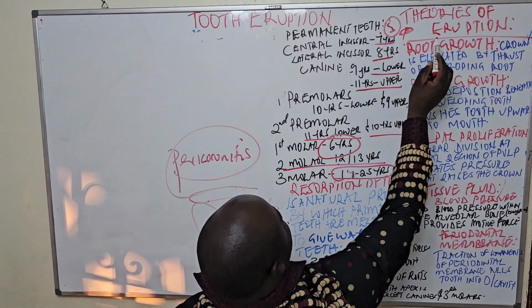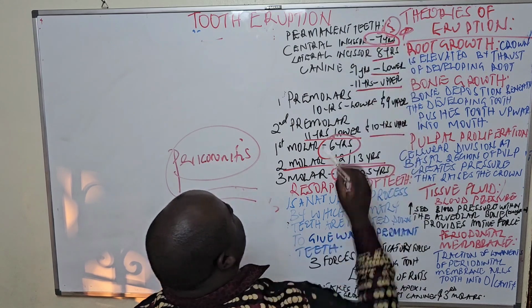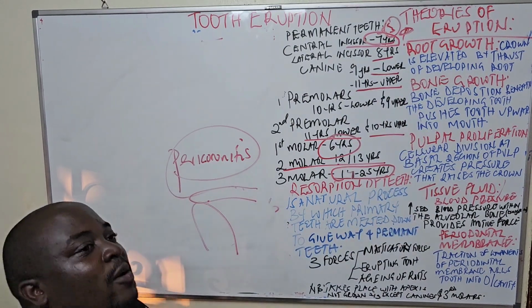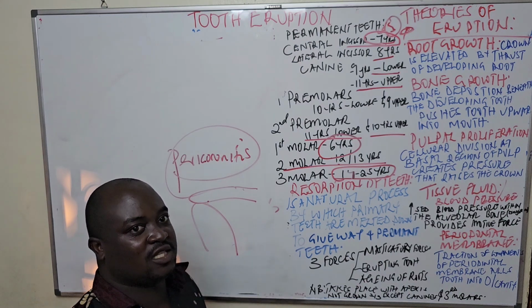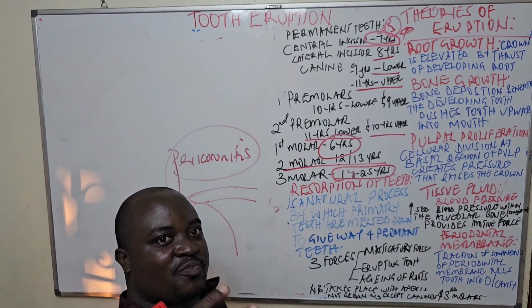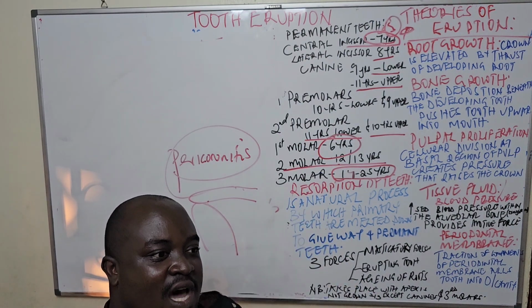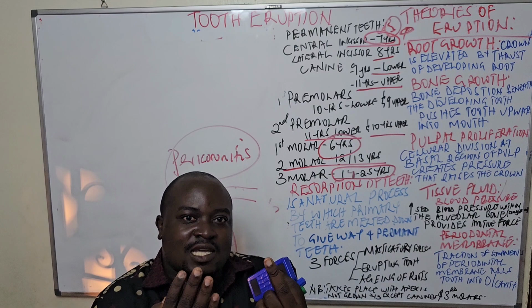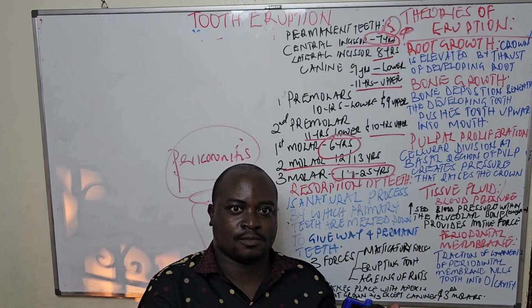But if a baby is 6.5, and you know this one is appearing at 7 years, you don't need to do pulpotomy. When we reach pulpotomy and treatment of primary teeth, we shall talk about that in detail. But for now, I'm trying to express the importance of knowing eruption dates.